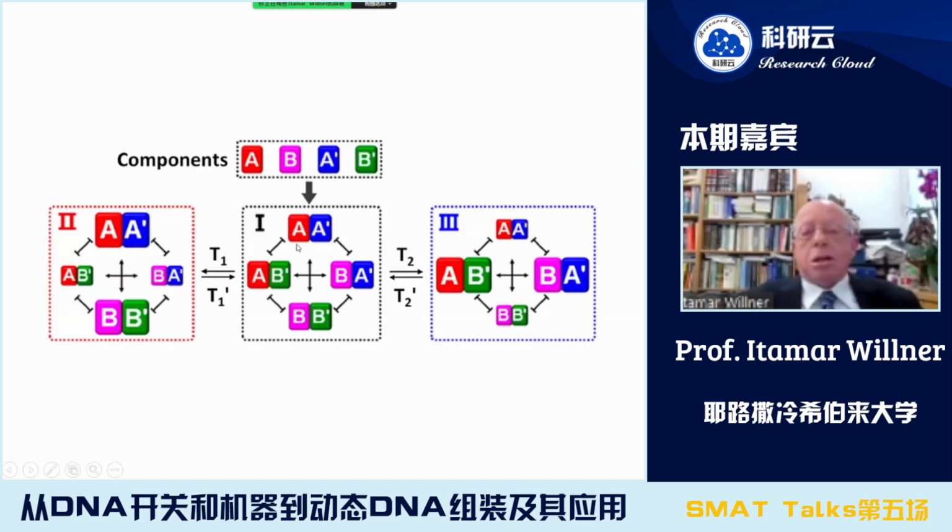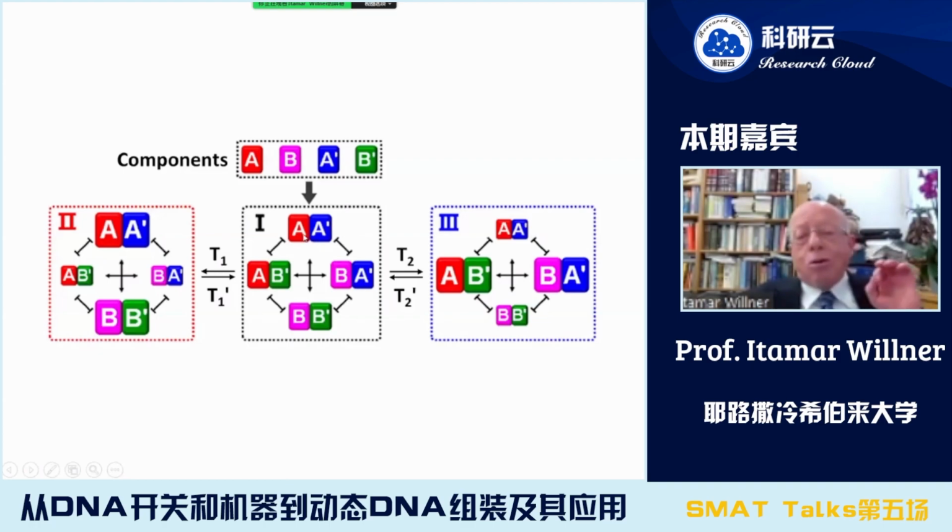Now we can see here that, for example, AA' shares components with AB' and BA', but it does not share components with BB'. The same story is here. You can see that AB' shares components with AA' and BB', but it does not share components with BA'.